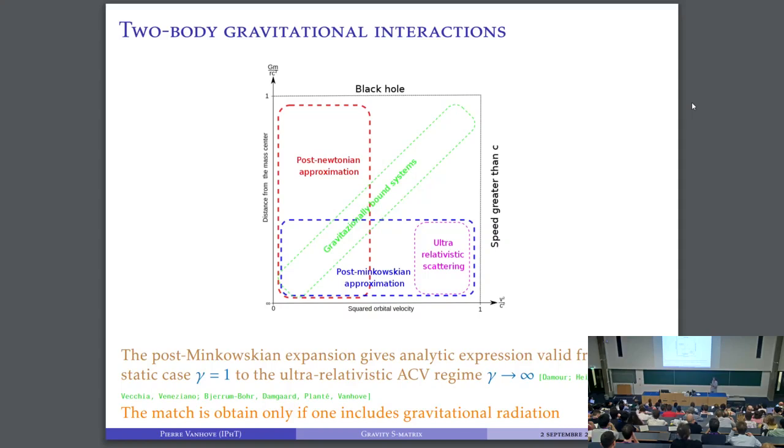The fact that you can interpolate between the static case and the ultra-relativistic regime in the post-Minkowskian approximation is important, because when you talk about these gravitational systems and the way they interact, there is the question of gravitational radiation. This radiation is an important piece of the computation. If you don't control that, you don't have an understanding of the physics of your system.